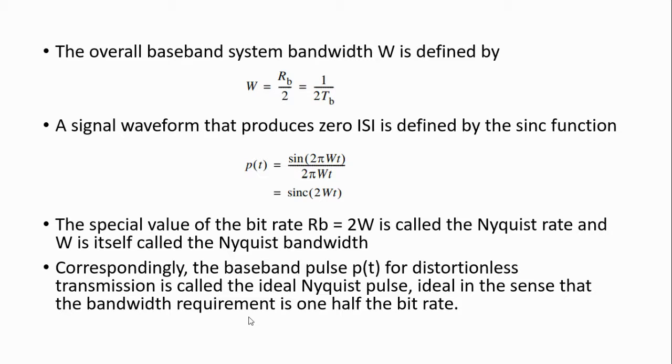The overall baseband system bandwidth W is defined as R_B divided by 2, and R_B equals 1 divided by T_B.